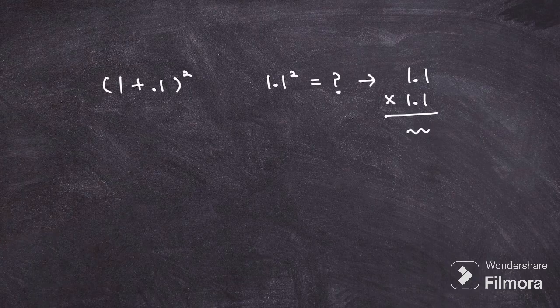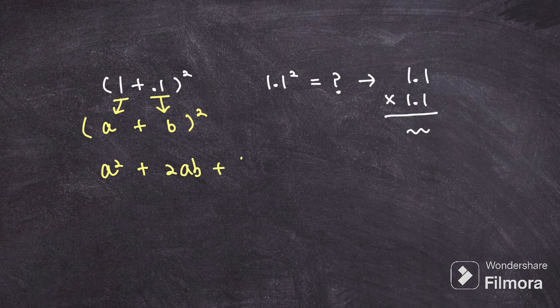So, in the same fashion, 1 or positive 1 is going to be our a, 0.1 is going to be our b, and we're going to plug those numbers into our formula for (a plus b) squared, which is a squared plus 2ab plus b squared.